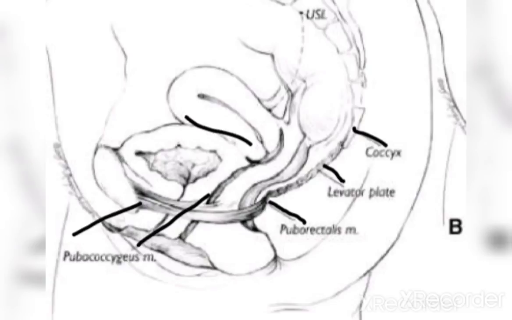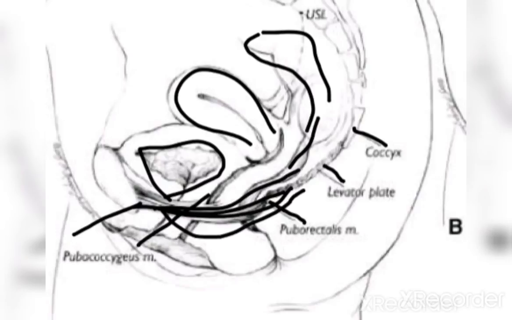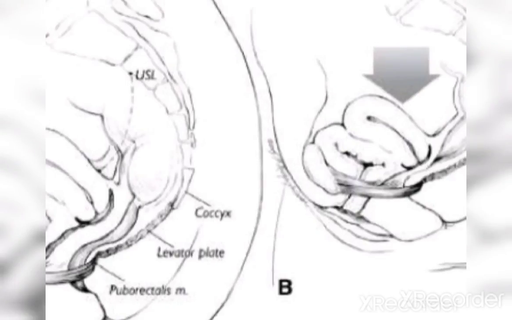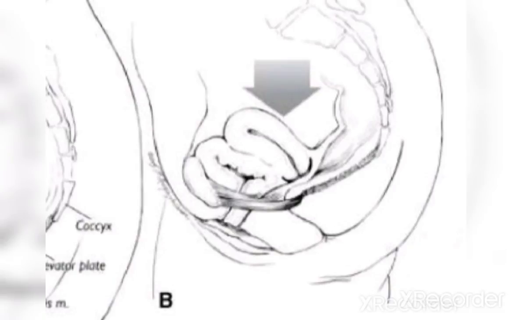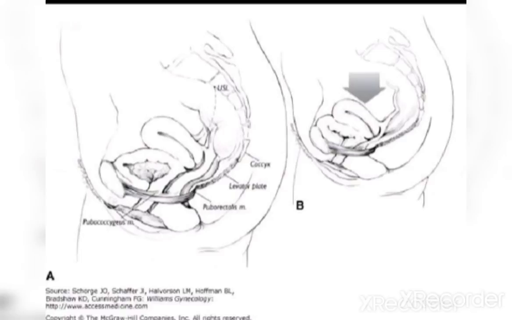You can see here the uterus, the urinary bladder, the rectum and descending colon, and all of this is supported on the pelvic diaphragm, the muscles of your pelvic floor. All the intra-abdominal pressure comes on these pelvic organs.